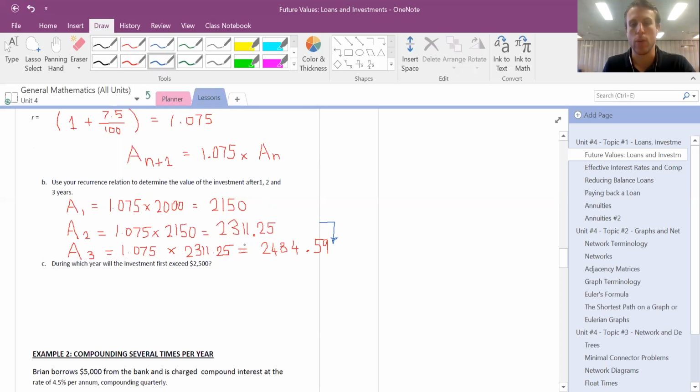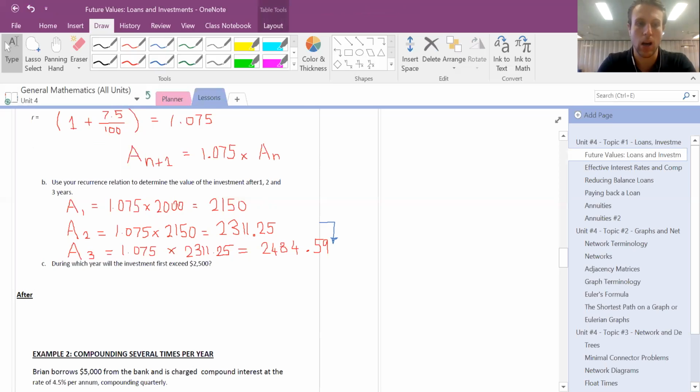So I know from this particular answer that between the third year and fourth year, the initial investment will exceed 2,500.